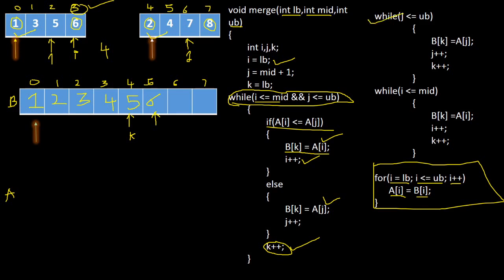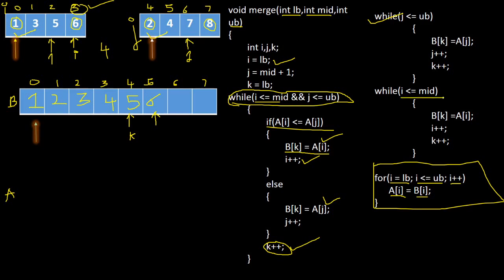Why this line, sir? I am writing this line because I am going to see whether the I part is exhausted or the j part is exhausted. Exhausted means all the elements from the I part are already copied, or all the elements of the j part are already copied. So how can I logically conclude whether all the elements of the I part are completed?